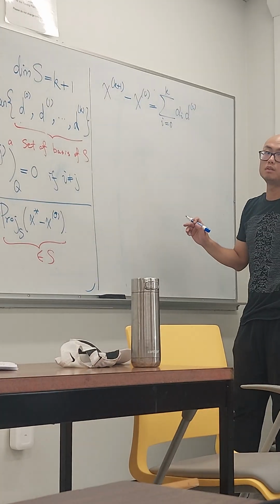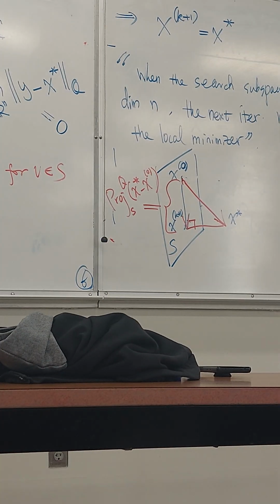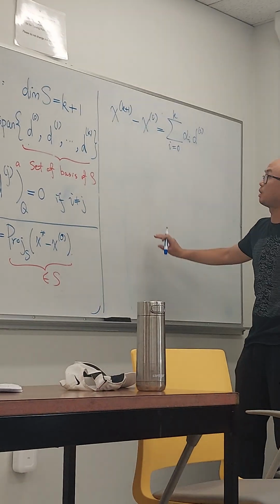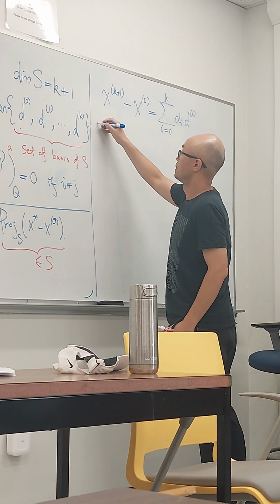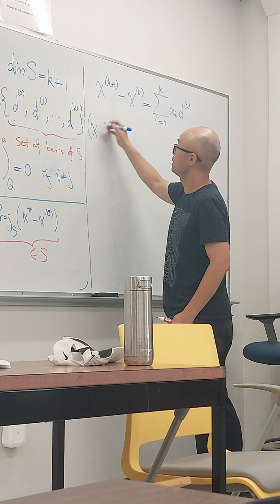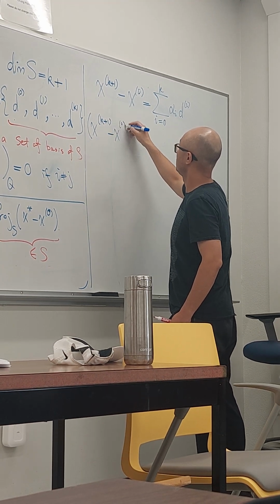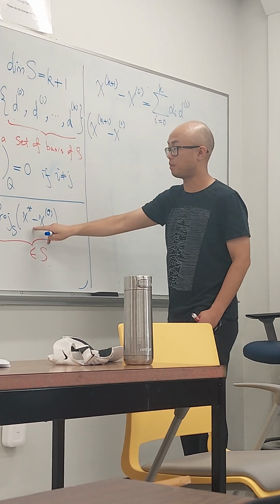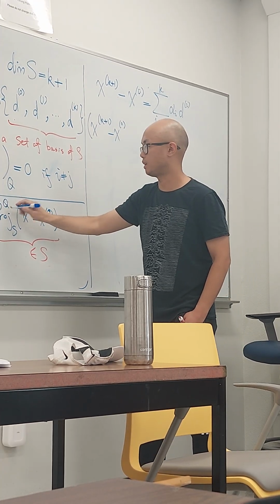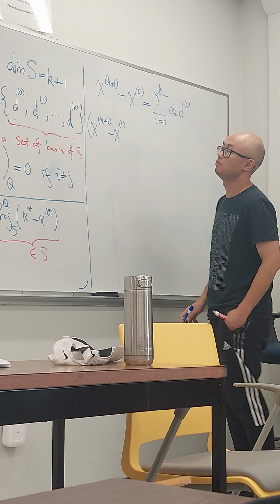And we plug in the formula we obtained, which we erased somewhere here. So what we have is this, subtract this. This is a projection by definition. Sorry, I forgot to add a 2 here.